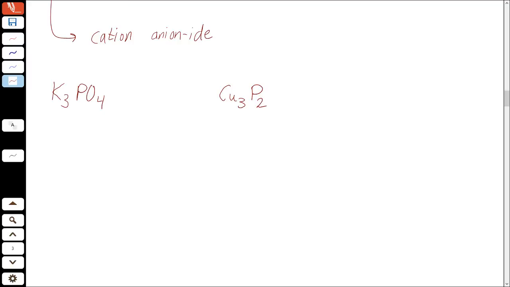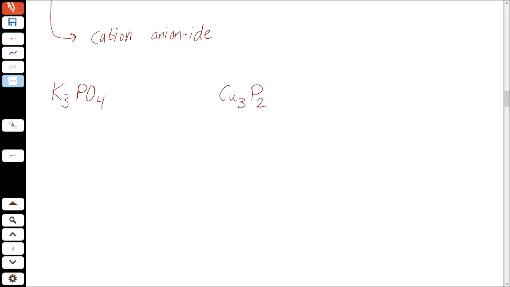Okay, let's look at that first one. So, first question should always be, which category does this go in? Is the charge on the metal, on the cation, something that we just know, or could it be some different ones? So what do you think for that first one? Do we know the charge or not?